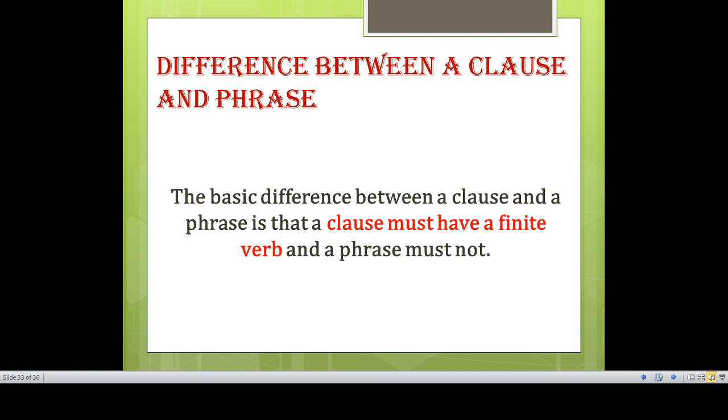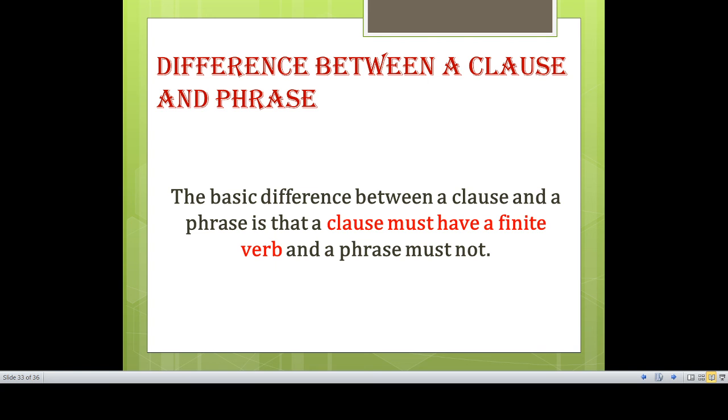So here I have some slides with charts, descriptions and differences. One thing you need to keep in mind is that a clause should have a finite verb, and a phrase need not have a finite verb.